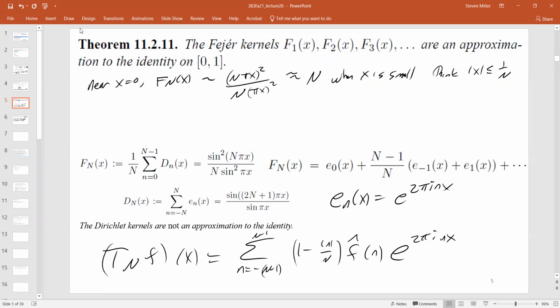If we look at what's going on in terms of the Fourier kernel, there are lots of different ways of doing this. Dn, I can write as the sum, n goes from negative n to n, or I could just use this more useful expression over here, that the Fourier kernel is just this sum of 1 minus absolute value of n over n, and then the two different exponentials. That's going to make the calculation a little bit easier.